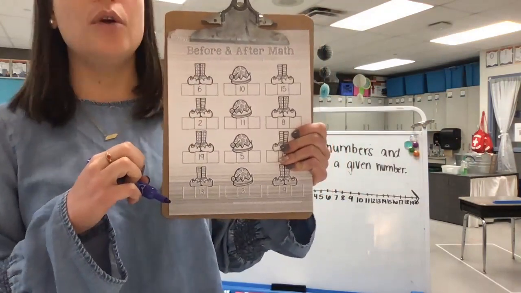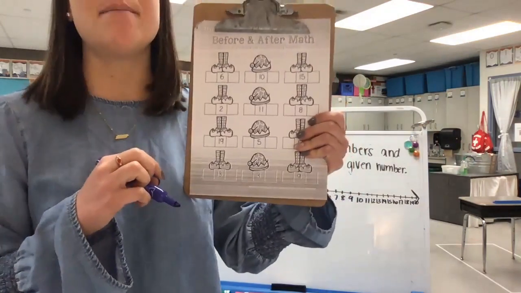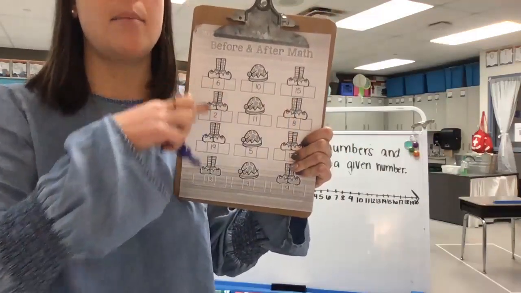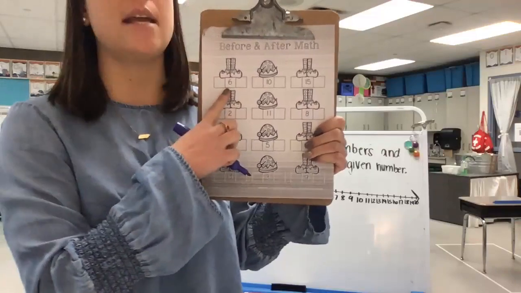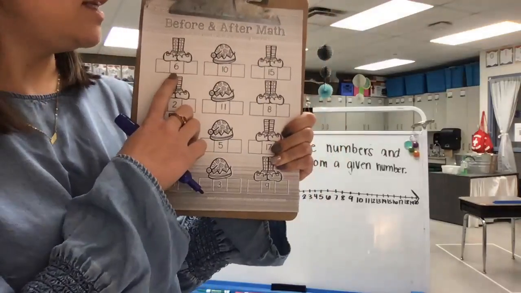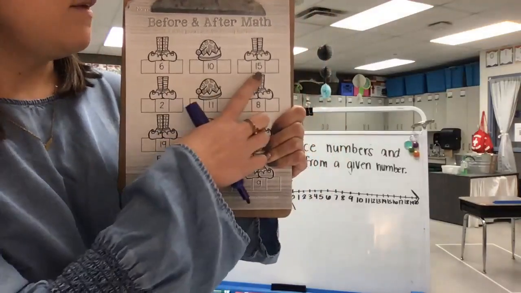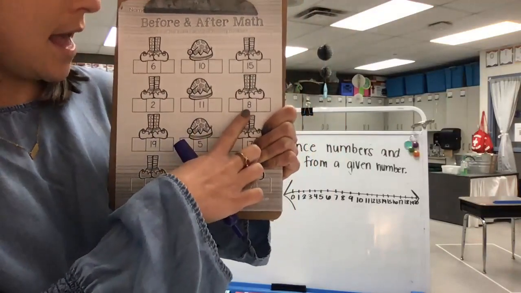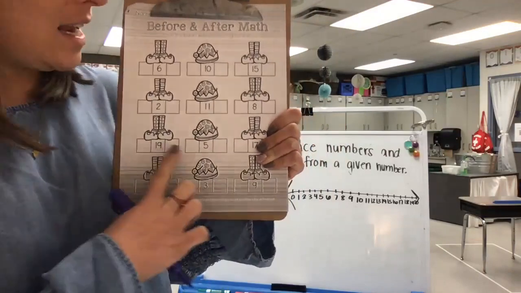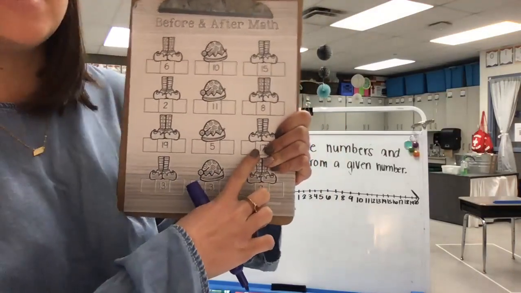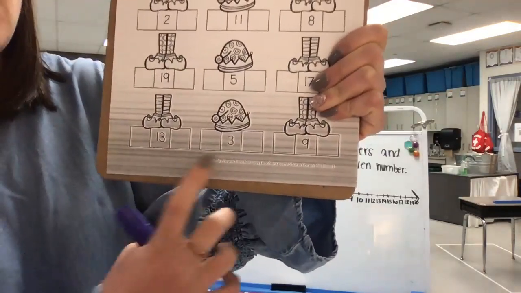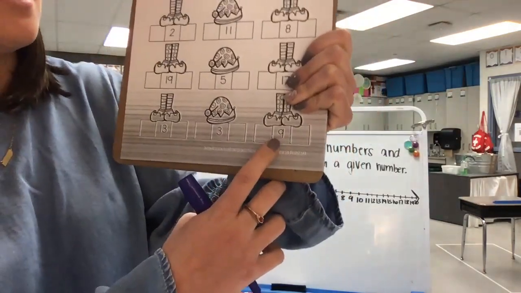We're going to go through and touch our numbers just to name the numbers they've already given us. We're going to go from left to right and top to bottom. Touch your numbers and say them with me. Here we go. 6, 10, 15, 2, 11, 8, 19, 5, 17, 13, 3, and 9.